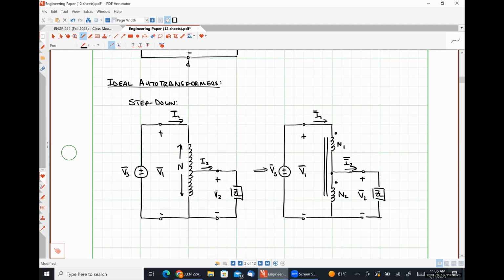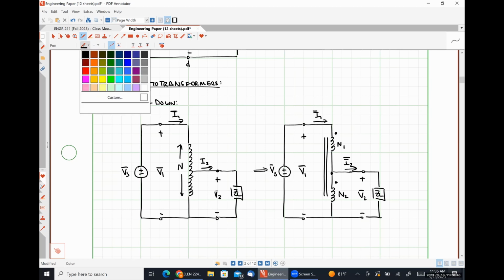Sorry about that. One thing that I want to point out here is that the current I2 isn't the current that's flowing through our secondary coil. What's the current flowing through our secondary? I1 minus I2. Absolutely right. So let's make a note of that really quickly.